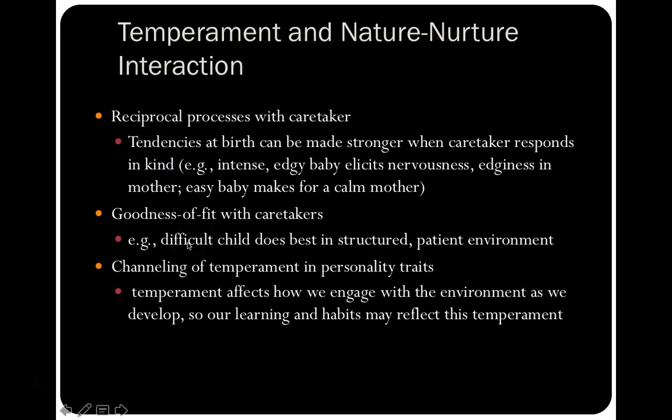So that's what I mean by having a good fit of the environment and the caretaker with the temperament of the kid. And then the channeling of temperament in personality traits. Temperament affects how we engage with the environment as we develop. So our learning and our habits may ultimately reflect this temperament as we move through life. Hence, as I was saying, there's a bit of stability to temperament as a characteristic of the person through life.